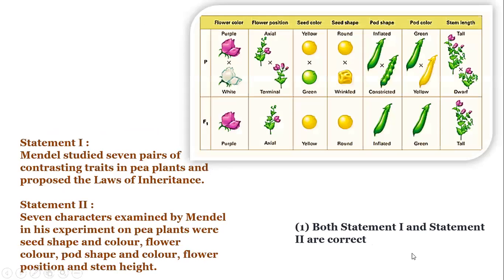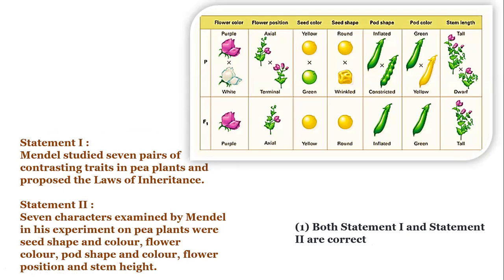So let's discuss. These are the 7 pairs of contrasting characters which Mendel chose. You can see in this image here. The contrasting characters are flower color, which were purple and white, flower position, which is axial and terminal, and you have seed color, which is yellow and green, as you can see in the image.